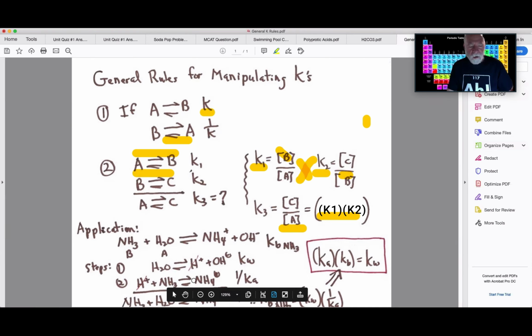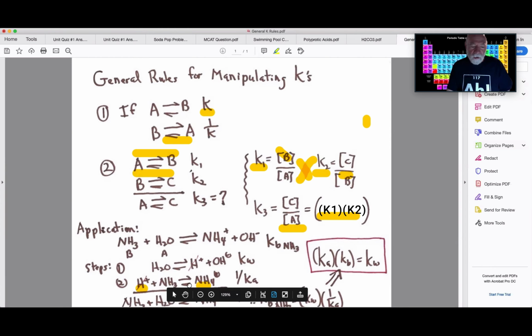Now, what is the K for reaction number 2? It's really not recognizable except if you look at the reverse reaction. When a chemical gives you acid, that's called a K sub A reaction. But why did I write down 1 over K sub A?